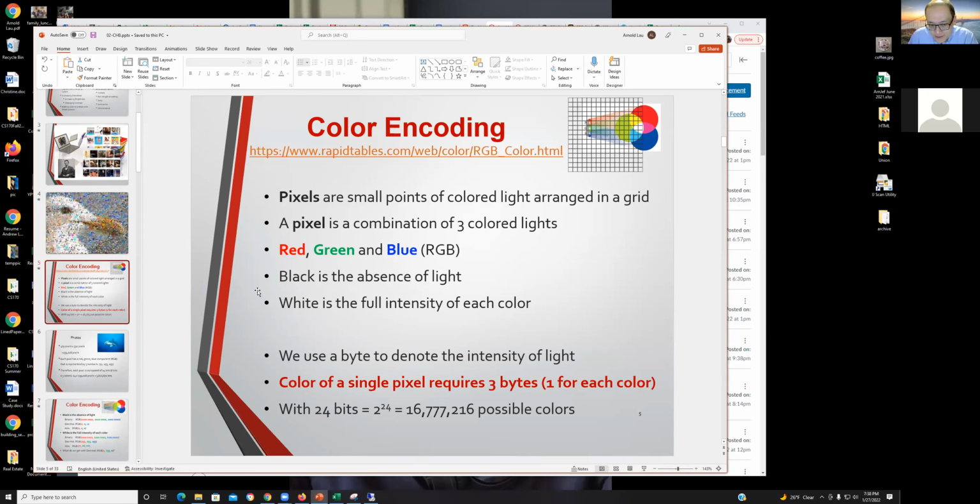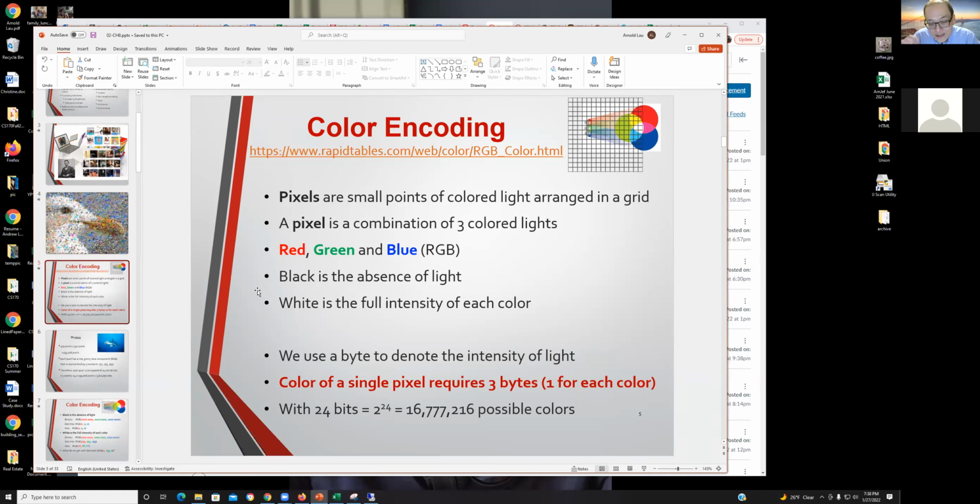Just to give you some background, if you look at your computer monitor, how does it represent an image? Forget about whether it's a movie or something like that. There's this idea of all these little dots. You can't really see them because there's a gazillion dots there.